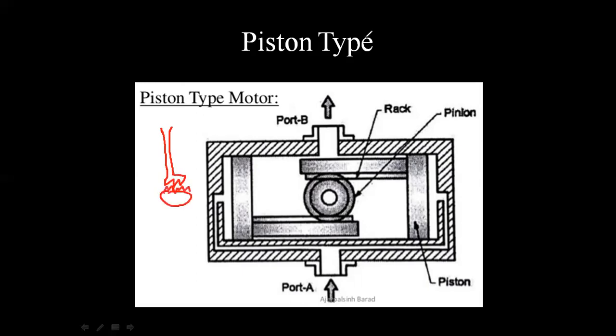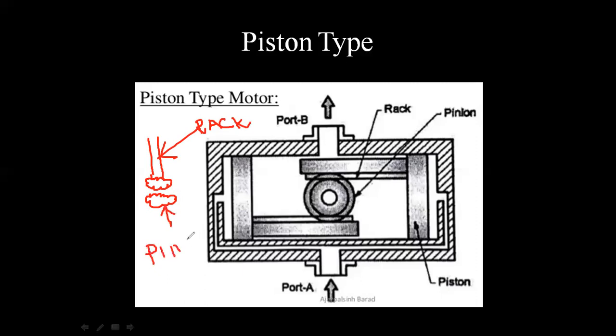We'll have two things: a long shaft where we'll have a gear, and another one here, and both are meshed. So we can call this the rack, and this the pinion.